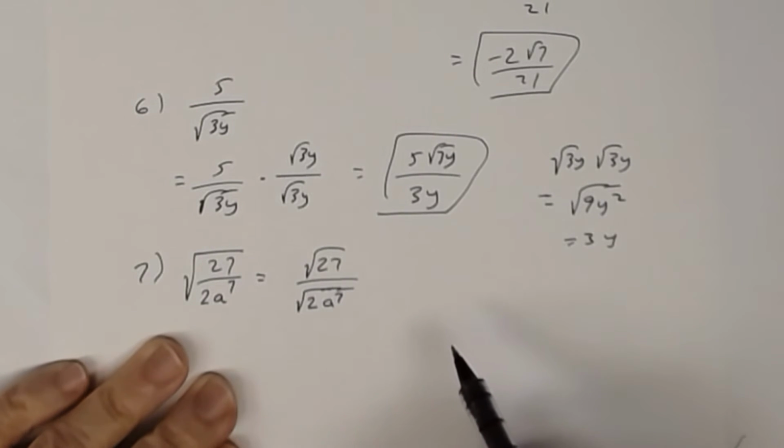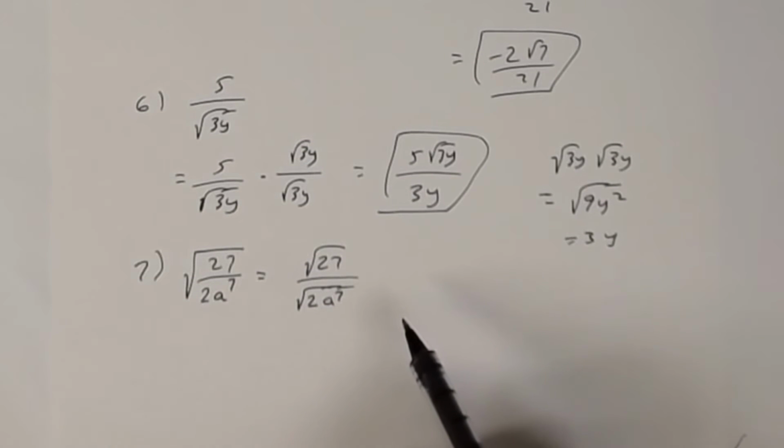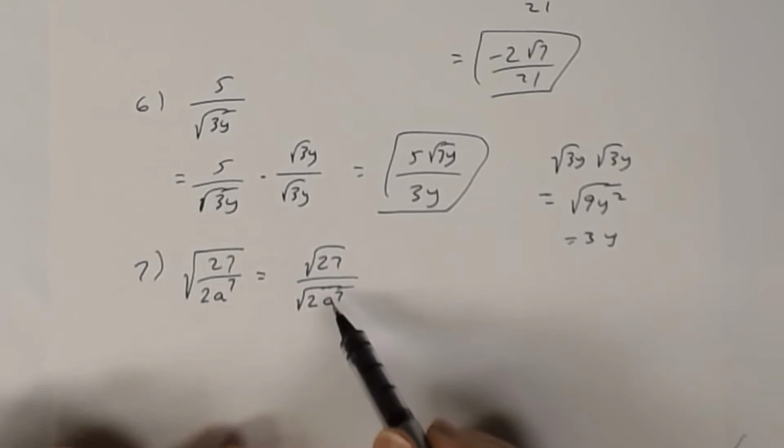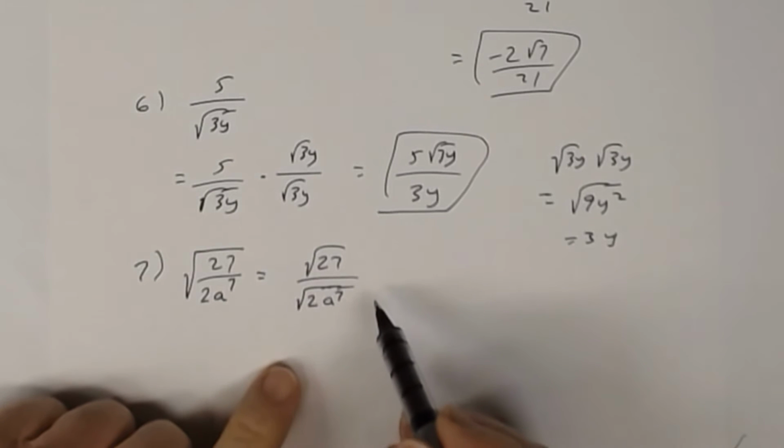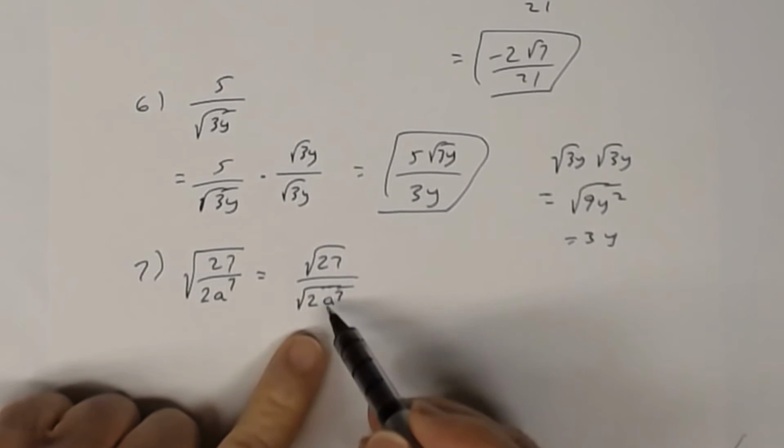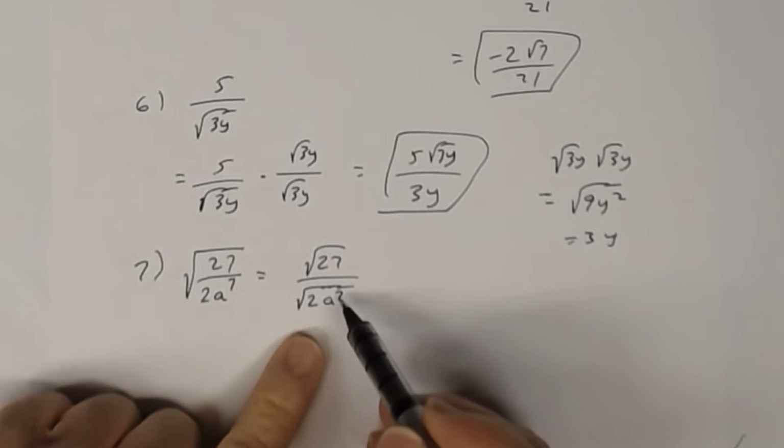Okay? All right, now remember, be a little bit careful with this one. So you see I have a to the 7th here, right? And remember, whenever you have a variable raised to a power and you want to simplify this, the exponent here is 7, right?